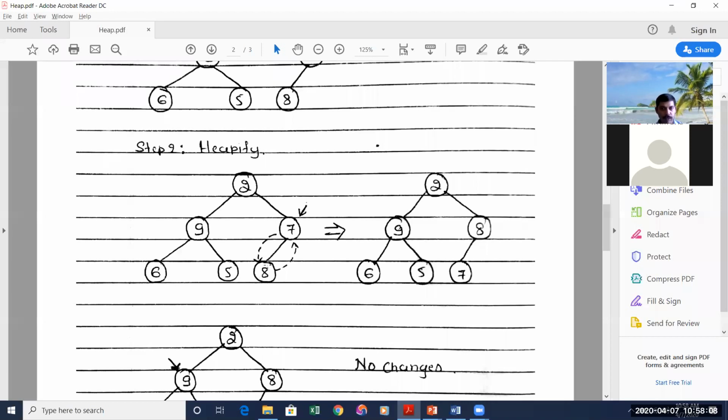If 8 doesn't have any children, directly you can bring 7 to the place of 8. I hope you understood this. So in this step, we are just swapping 7 and 8, and that process is nothing but heapify. We have heapified one parental node, that is 7. So 8 and 7 are exchanged, and this step is over.